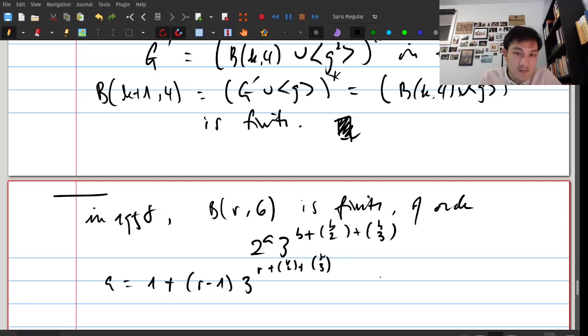These are R's. And B is equal to 1 plus R minus 1 to the R.